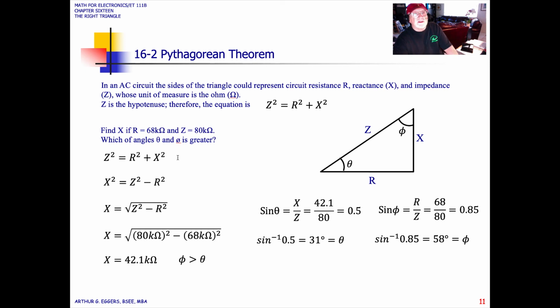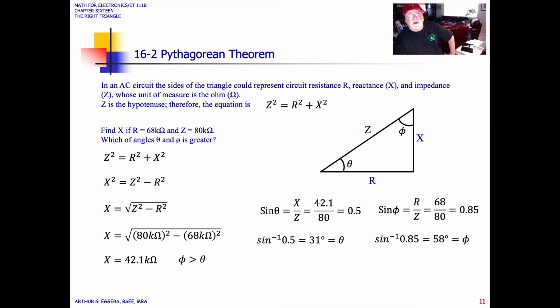Now, the other part of the question asks which of the angles is greater, theta or phi. To do that, this actually takes a skip forward. I'm surprised that they did it this way. But we can take the length of the two sides, X and Z, as the ratio to give us our sine. So the sine of the angle, which we don't know at this point, theta, is 0.5.